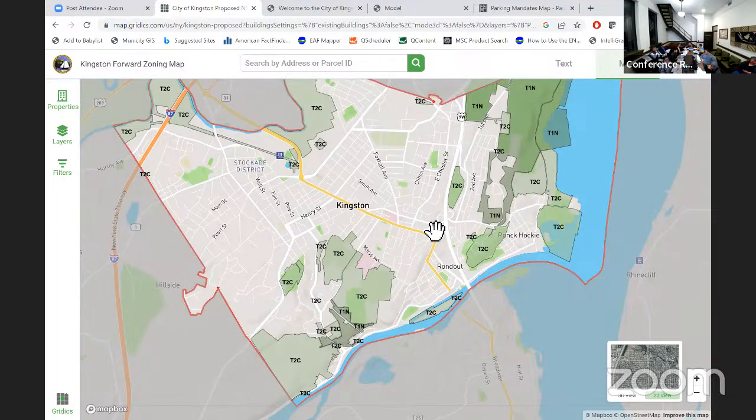Do we want to take each of these one by one? You can, if that's what you want to do. There's a lot of documentation here, so we can go through them one by one.